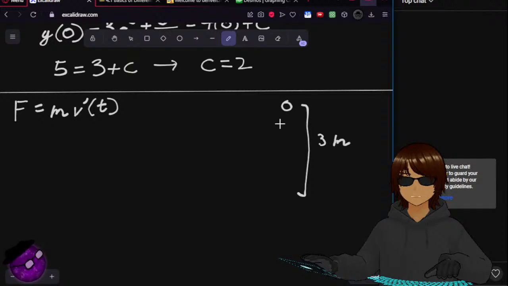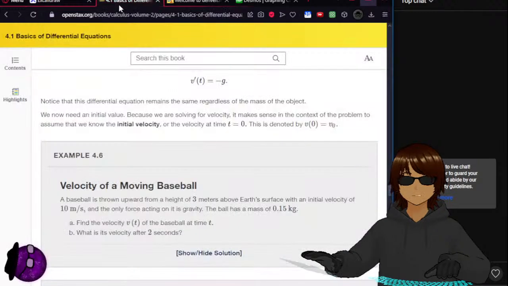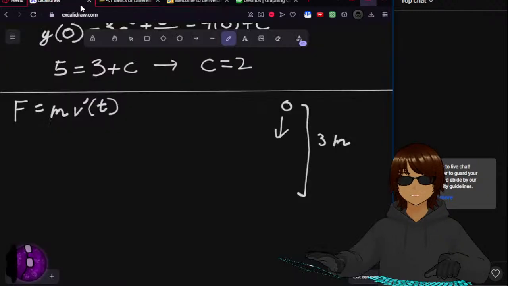Three meters. This is going down. 10 meters per second.